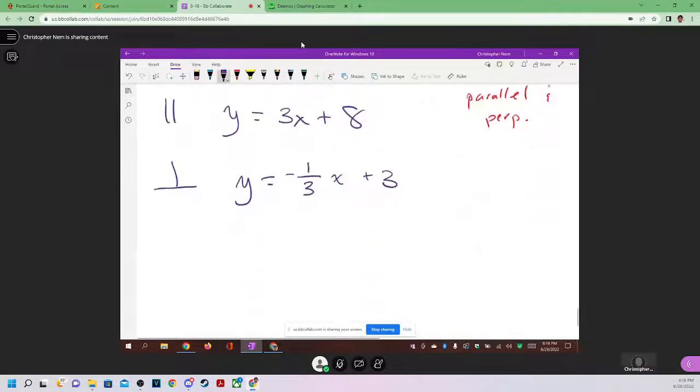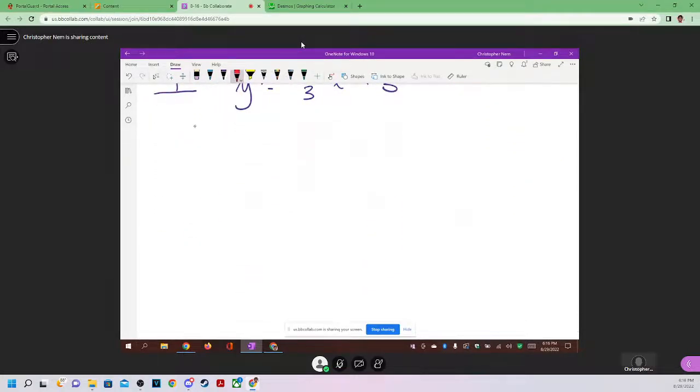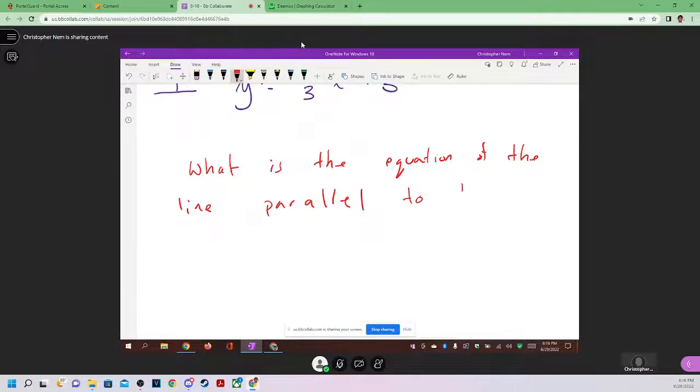Well, what if I ask you instead, what is the equation of the line parallel to, let's say, 4x plus 6y minus 5 equals 0 and crosses through, or passes across, doesn't matter, 5 comma 2.